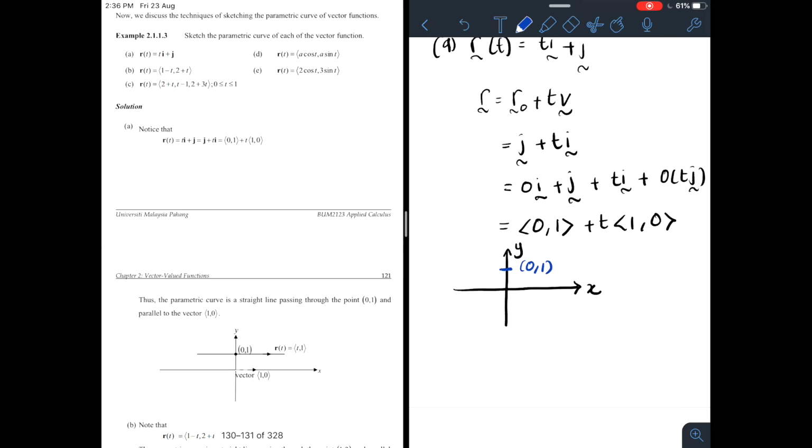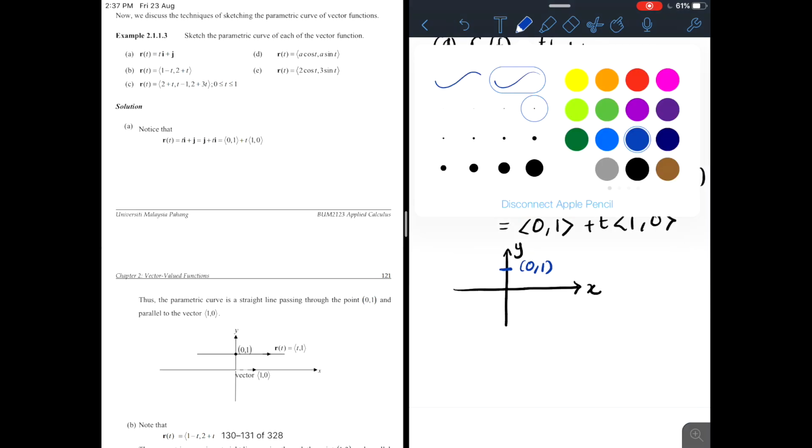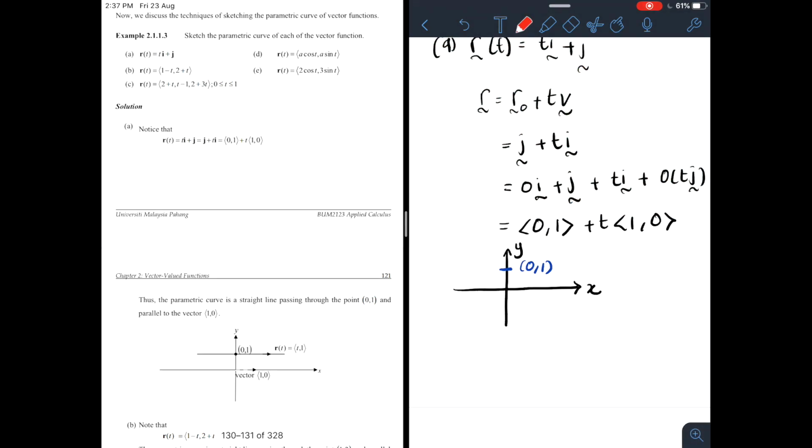And then there should be a line passing through the point (0, 1). At the same time, you need to know how to sketch vector (1, 0). For vector (1, 0), there is some change at the x-axis, so you will have something like this.